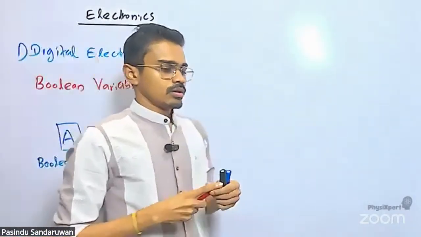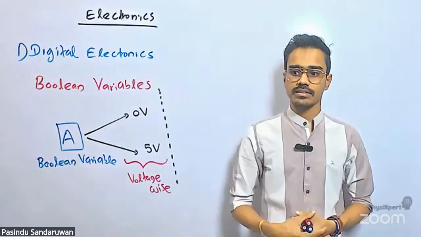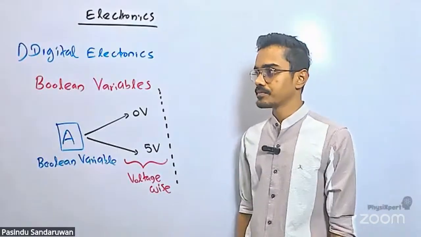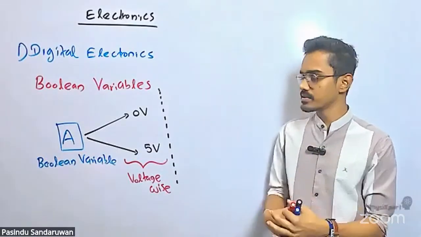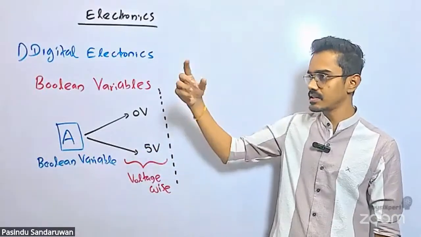Now when we are dealing with the logics here, you will see the logics in the parts coming up, for the logics we are not going to use these actual values of voltages, but instead we are going to convert this into a logic.